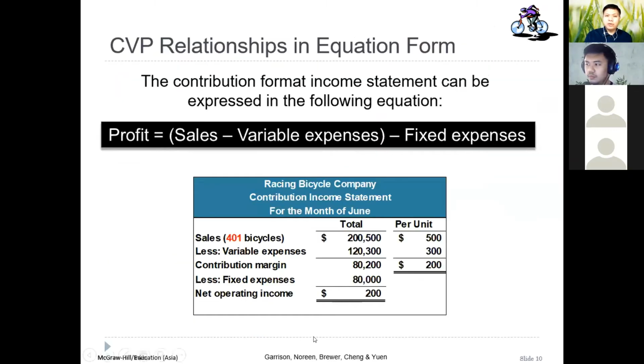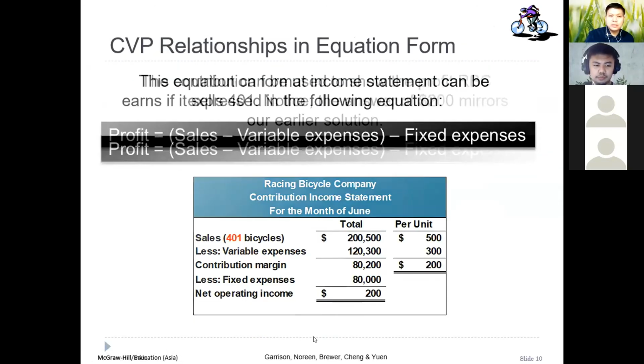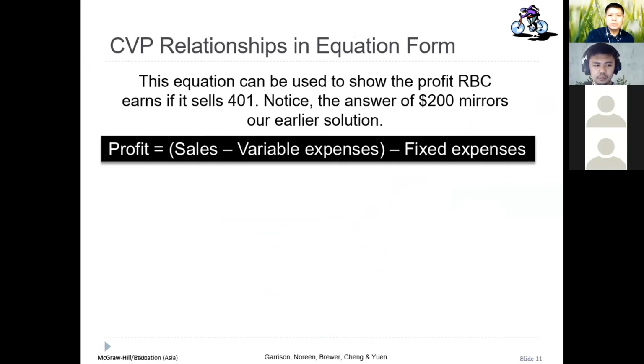So yung kanina, yung 401 units, so sinasabi niya, there is the equation form that we can follow. Di ba ito yung contribution format income statement? Profit is equals to sales minus variable expense minus fixed expenses. Do you agree this is the contribution format income statement? Di ba yung sales less variable less fixed, you have the profit.